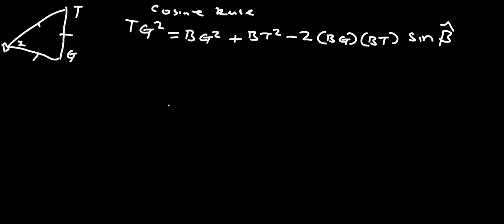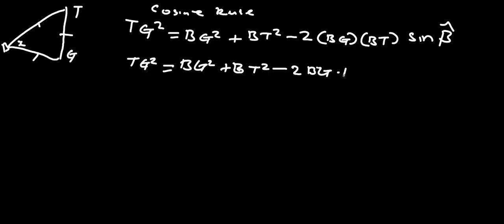So from this part we need to substitute, which is going to be TG squared also equals the BG squared, and then plus BT squared minus 2 BG, and then BT, which is sine X, right? So this is the magnitude. Remember they told you to express TG, not TG squared.